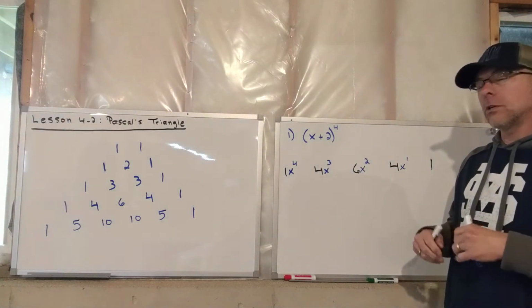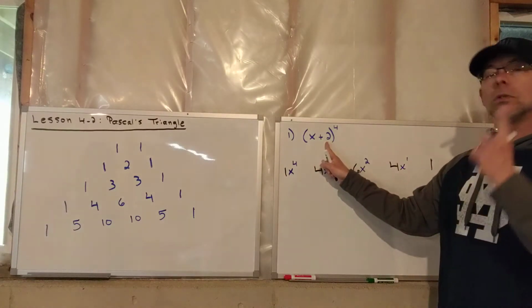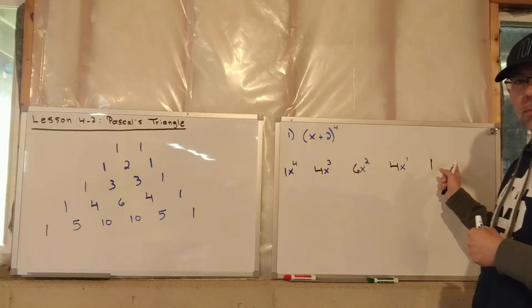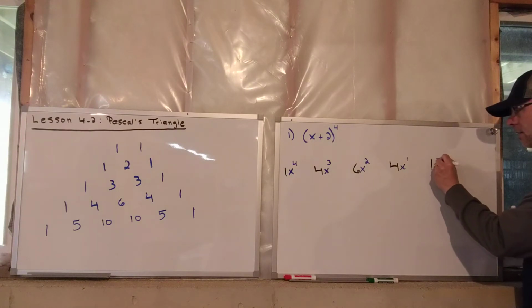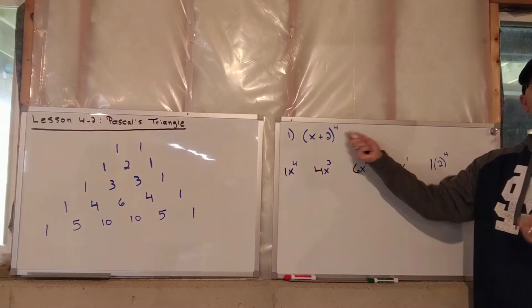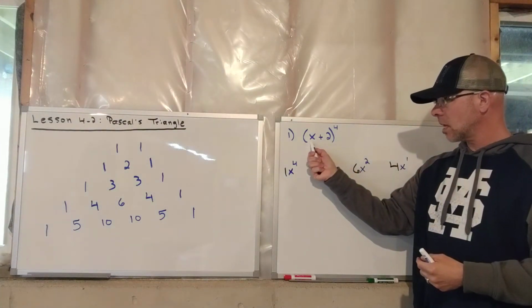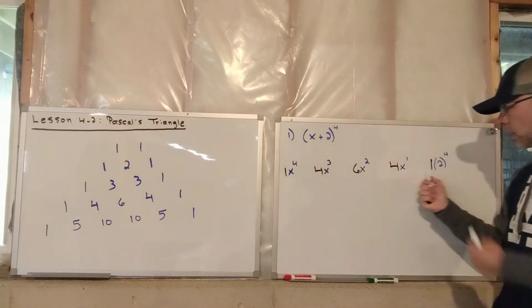Now, we're going to do a similar thing with the 2. X plus 2. 2's the focus now. The 2's going to start at this end of the problem, though. So down here where this 1 is, it's going to start as times 2 to the 4th. Again, the exponent starts the problem. The first thing in the parenthesis, x, starts in the beginning: x to the 4, 3, 2, 1, gone.